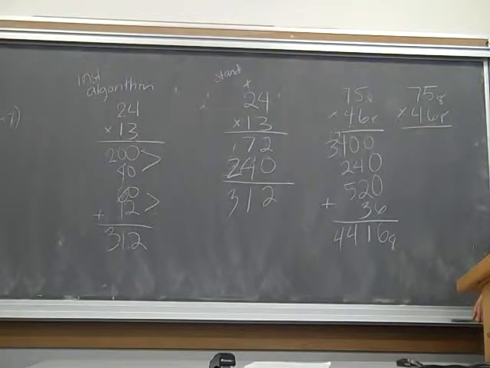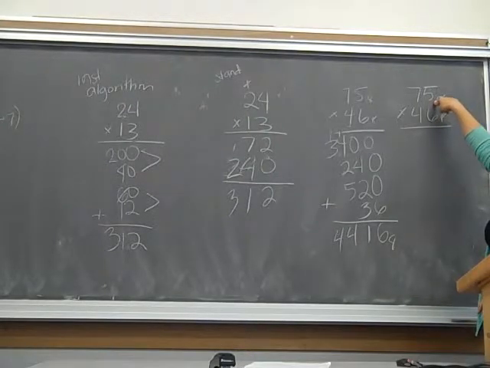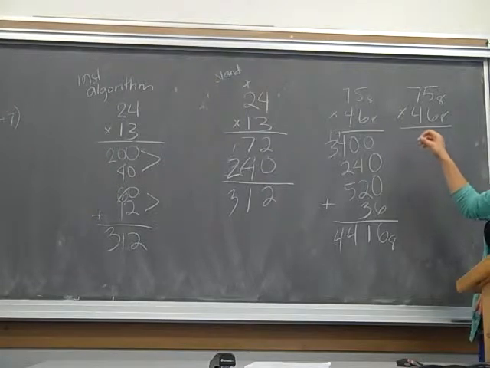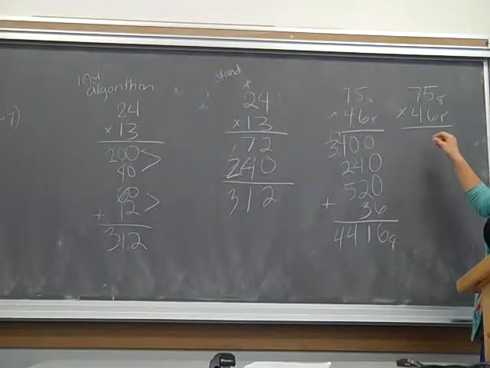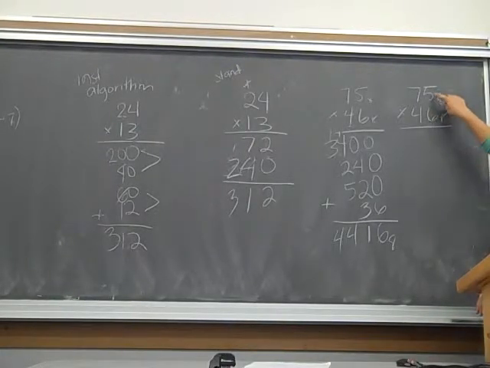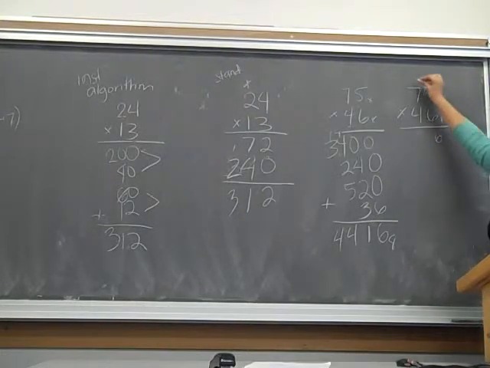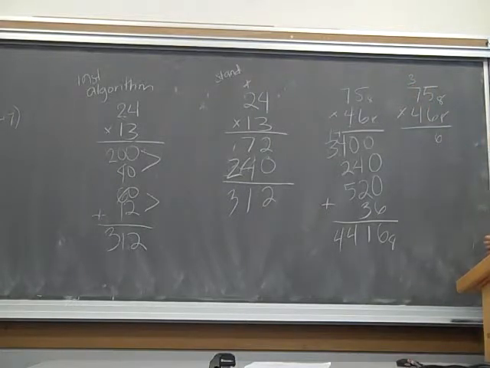So if we were to do standard algorithm, we'd start at the right, correct? So we would do 6 times 5, which is 30. In base 8, that's 36. So we put the 6 there, and we've got 3 carried. Is that okay?